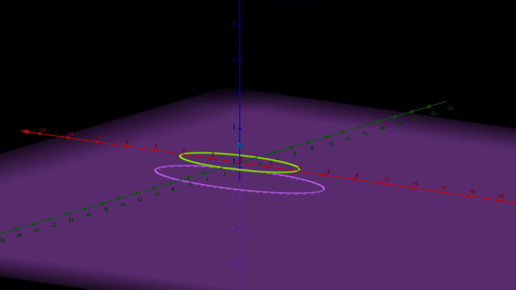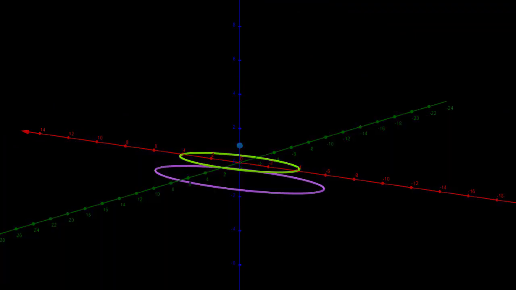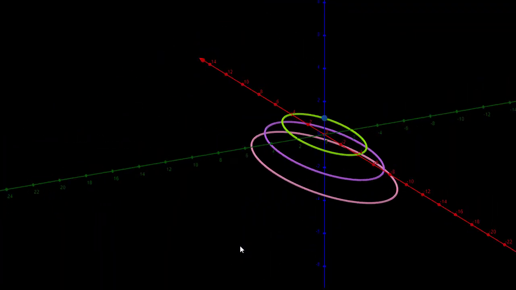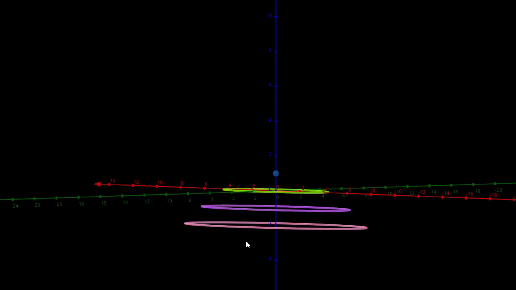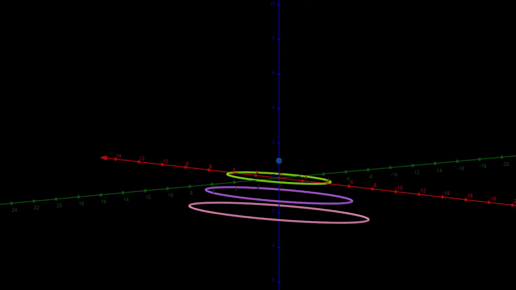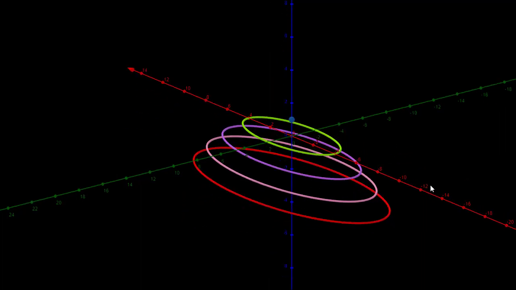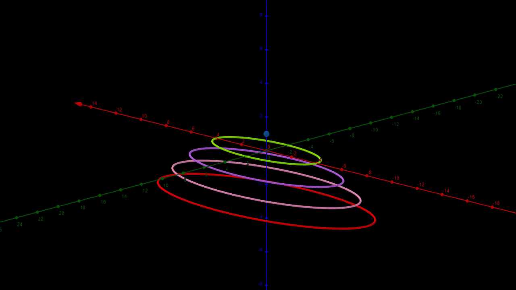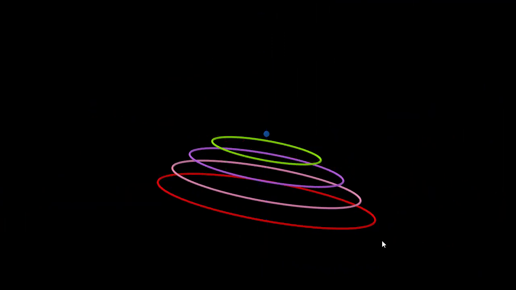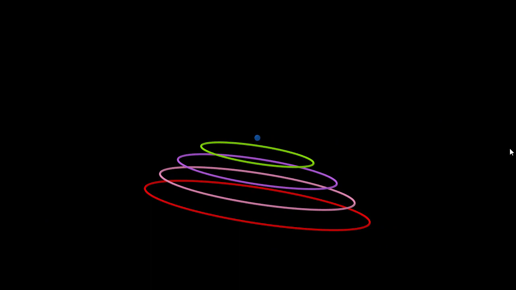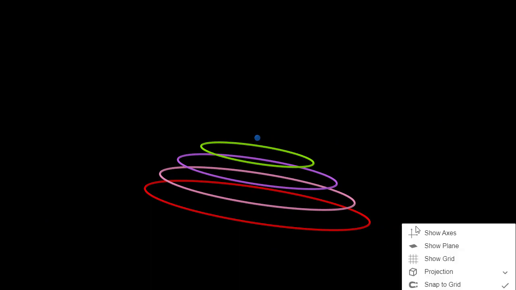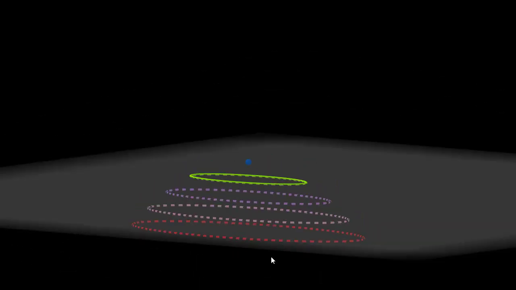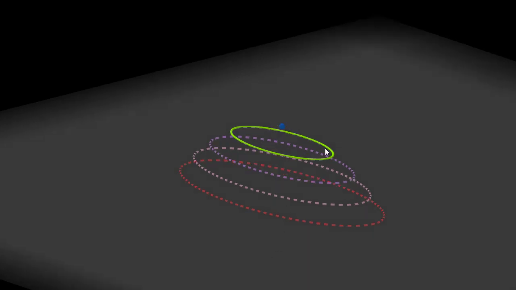So what level curves do is they show us what's happening at more than just the xy plane. It's any plane that we decide to look at. Okay, so here's our level curves. All right, and let's get rid of the axes, but show the xy plane, we kind of get a sense of what's going on here.